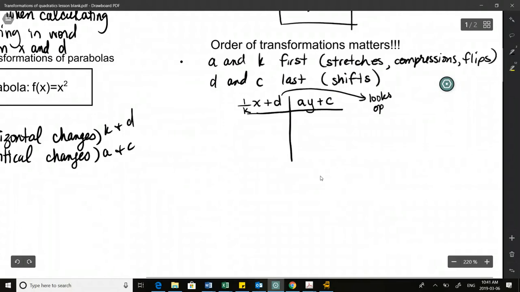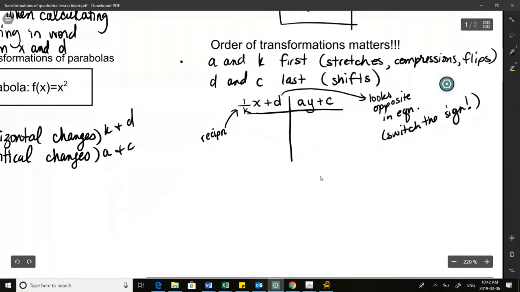Remember that we want to switch the sign of the d value that we see in the equation, and the reciprocal is what we want to use for k. So that is essentially what you can use to develop those little equations that Joey was asking about when we go to calculate our new points.